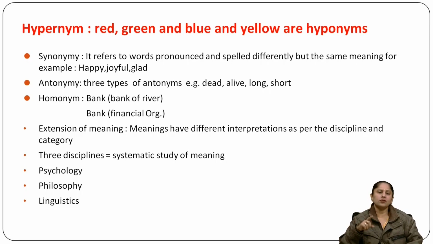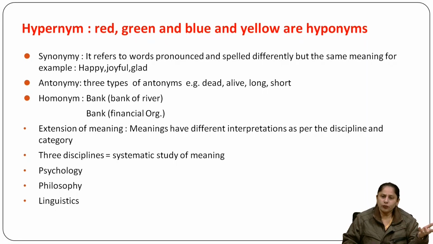Now there comes homonymy. It talks about bank. Bank is one particular word taken over here in the example, bank of the river. As for example, we talk about the bank of river Sabarmati or the bank of river Narmada, it will be about the bank of the river. And when you talk about HDFC Bank or Corporation Bank or SBI, then you are talking about the financial organization.